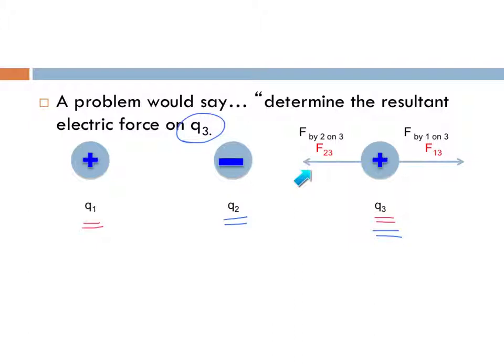So if we wanted to sum up or find the net force acting on Q3, we would just say the sum of the forces is equal to F13, which is positive because it goes to the right, minus F23, and it's negative because it goes to the left. And if it's allowed to accelerate, it would be equal to mass times acceleration, just as all sum of the forces is equal to.